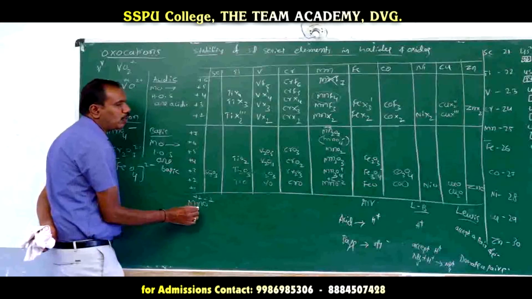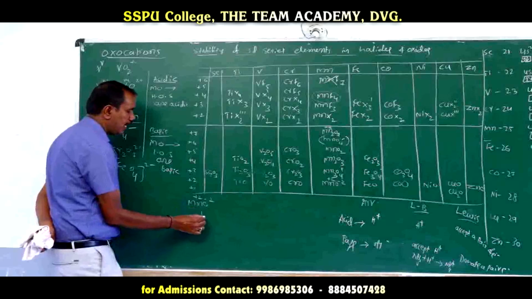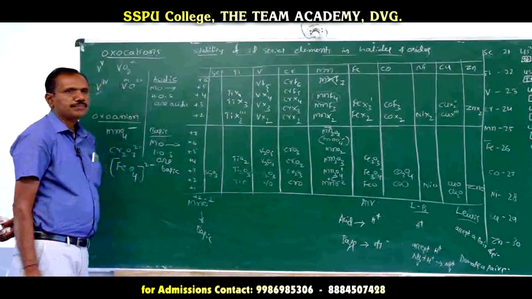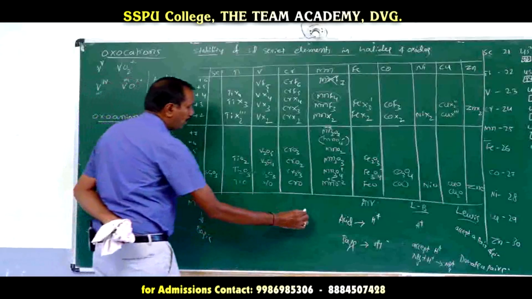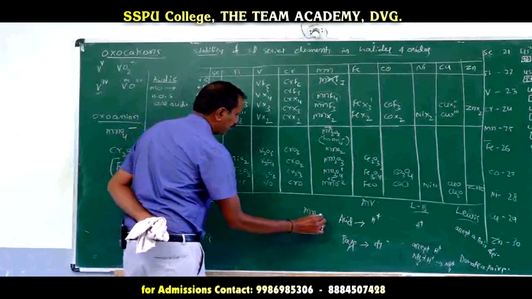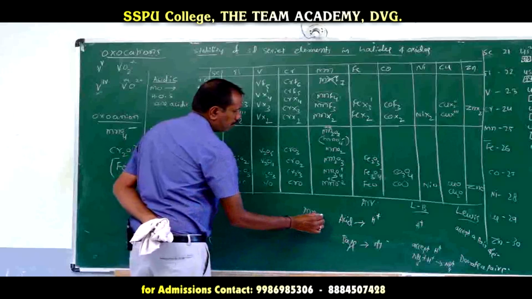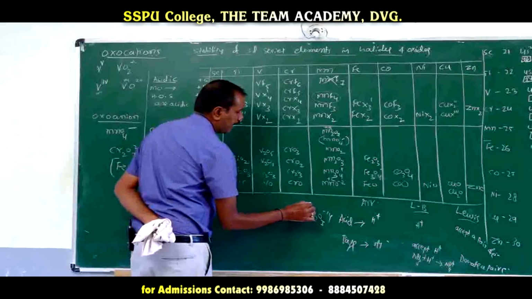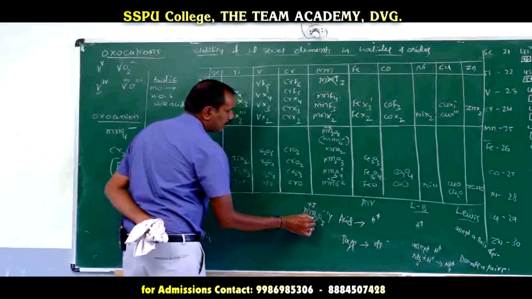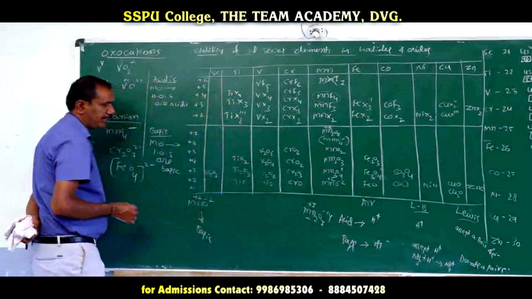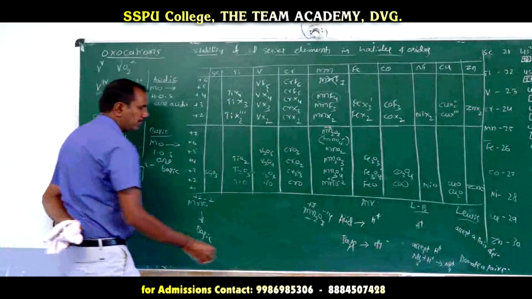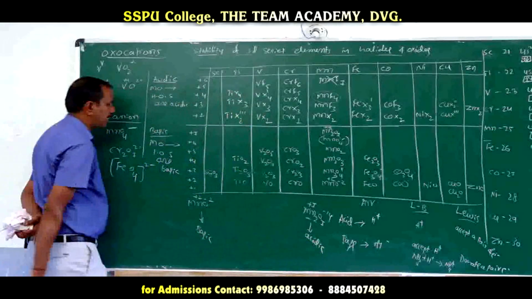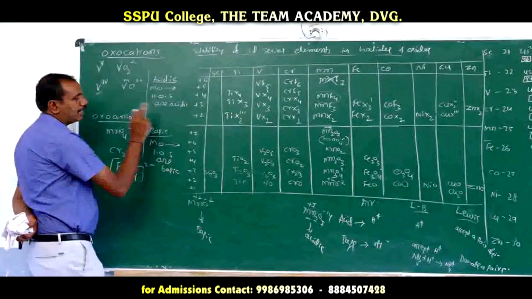Those metals in the lower oxidation state are basic in nature. If you go for Mn2O7, -2 into 7 is -14, so it becomes +14 for two Mn, each Mn being +7. So this compound is acidic. Those metal oxides in the higher oxidation state are acidic.